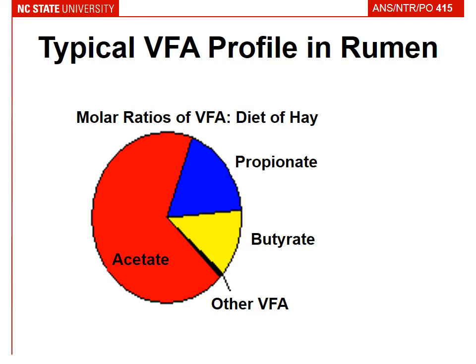The vast majority of the volatile fatty acids, the main one is going to be acetate. You can see it takes up a large portion of this pie graph. Next is propionate, the next most abundant. Thirdly, butyrate. And then we have some other volatile fatty acids that make up about 1%.